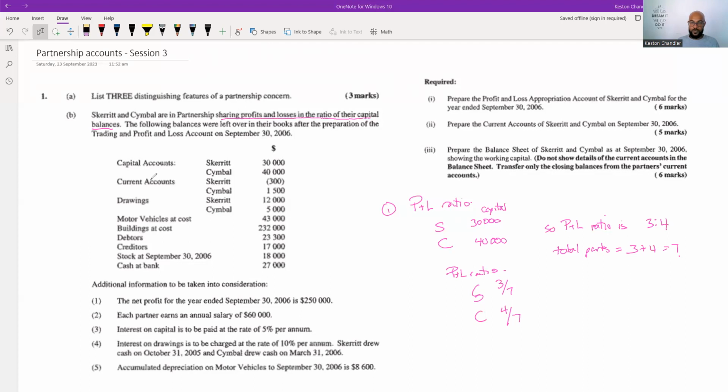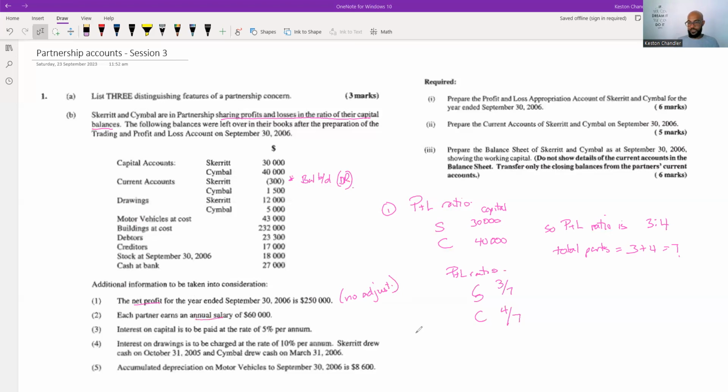Next, we have all of these balances here. Capital account, current account, drawings. I might just make a note on this here and write that this balance is a balance on the debit side. Additional information, net profit. So no appropriation, no adjustment here, just using that as is.